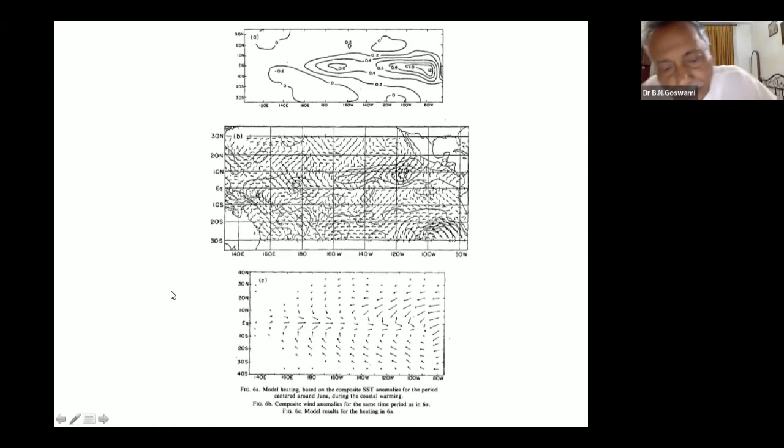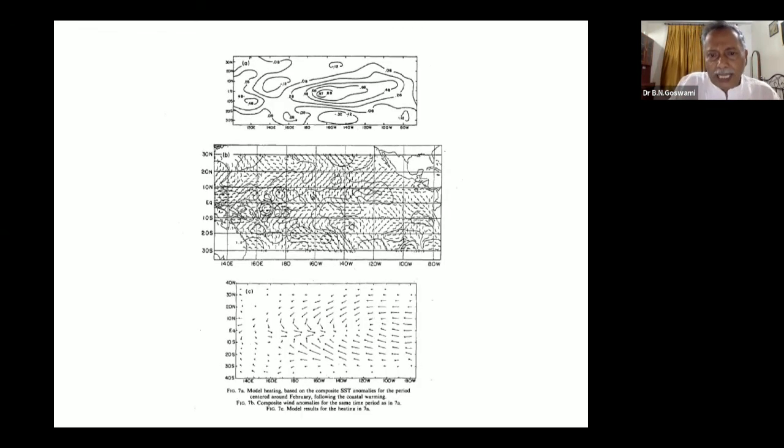Zebiak did a lot of work on this many years ago, and that model went on to form the Cane-Zebiak model, where they studied how the wind response is generated as a function of the sea surface temperature anomalies. There are some issues, but this is how we can build the basis for developing a simple coupled ocean-atmosphere model. With that, I think I'll stop here.